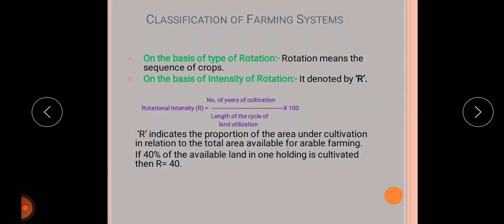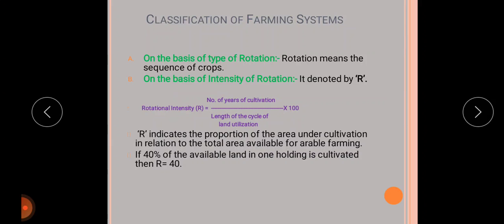Intensity of rotation means the number of crops cultivated in that specific area. Rotational intensity is denoted by R, and it is calculated by the formula: R is equal to number of years of cultivation divided by length of cycle of land utilization, into 100.